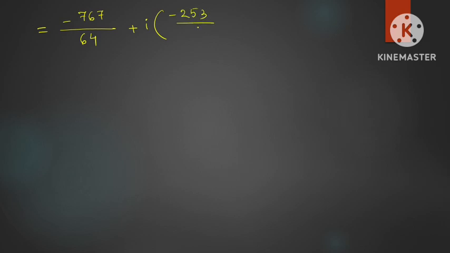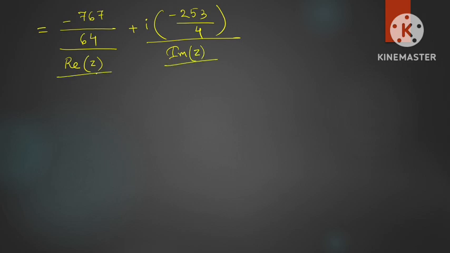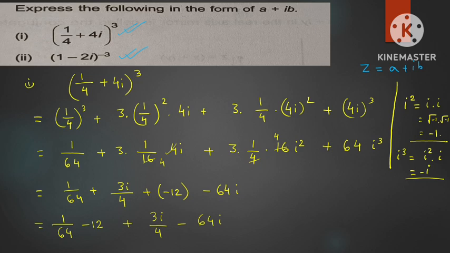So this is the real part of z, and this is the imaginary part of z. Okay, so we get it in the form a plus i into b, which was our question, to express this expression.